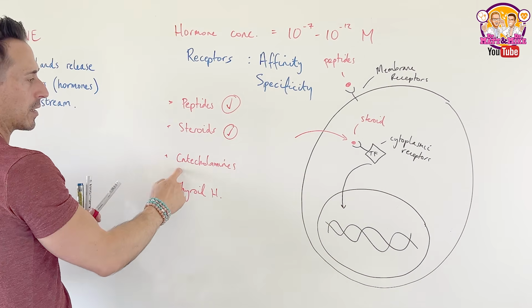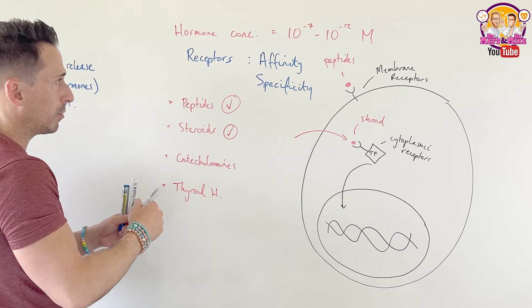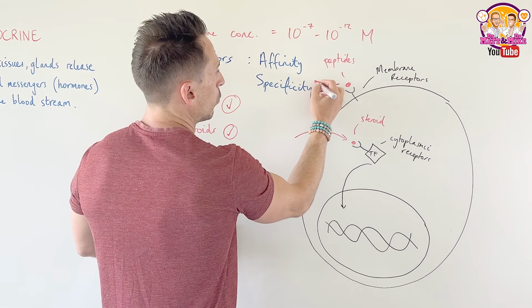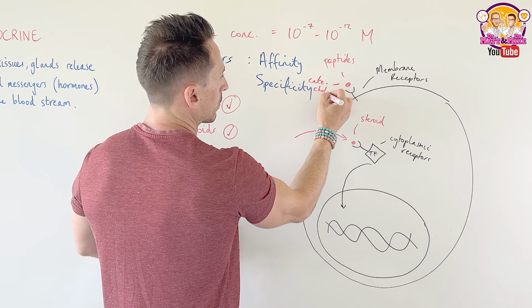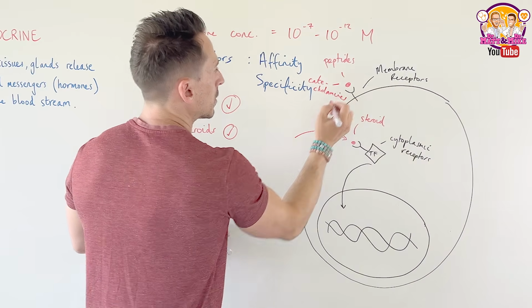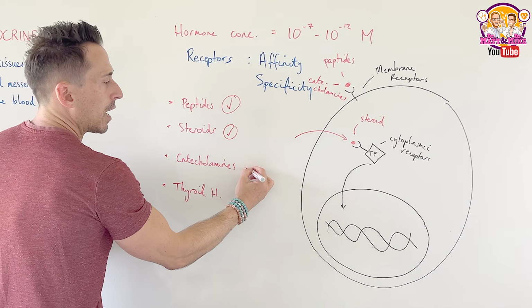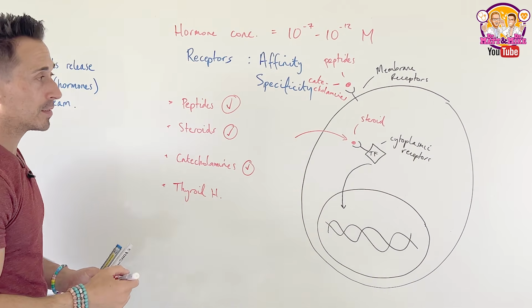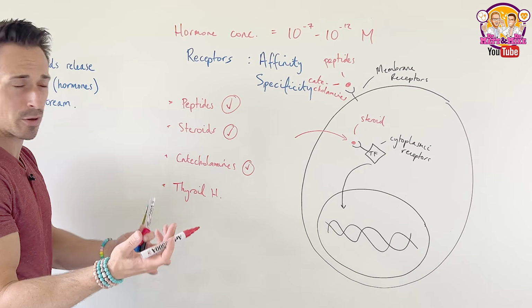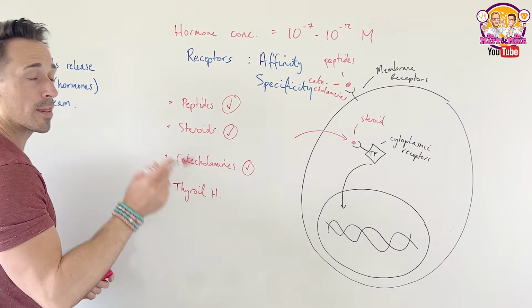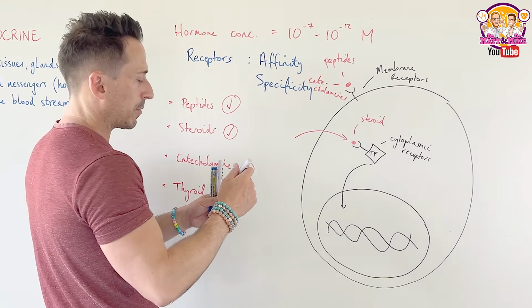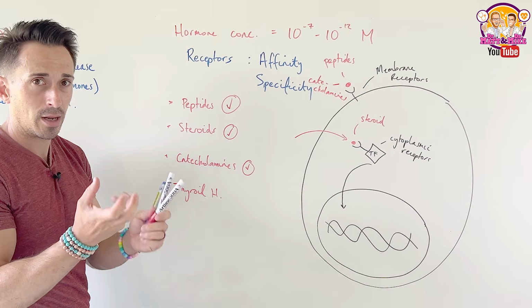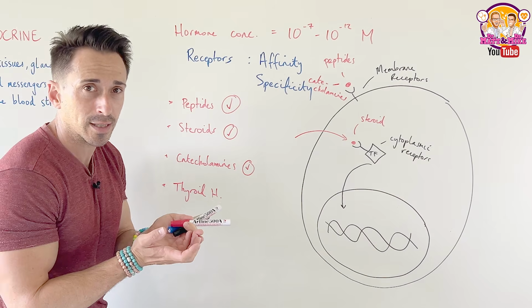What about the catecholamines? The catecholamines work like the peptides. So they use membrane receptors because amino acids and peptides are pretty much the same thing. However, thyroid hormone is different. Thyroid hormone has to be carried by a protein because of the iodine that's attached to it.